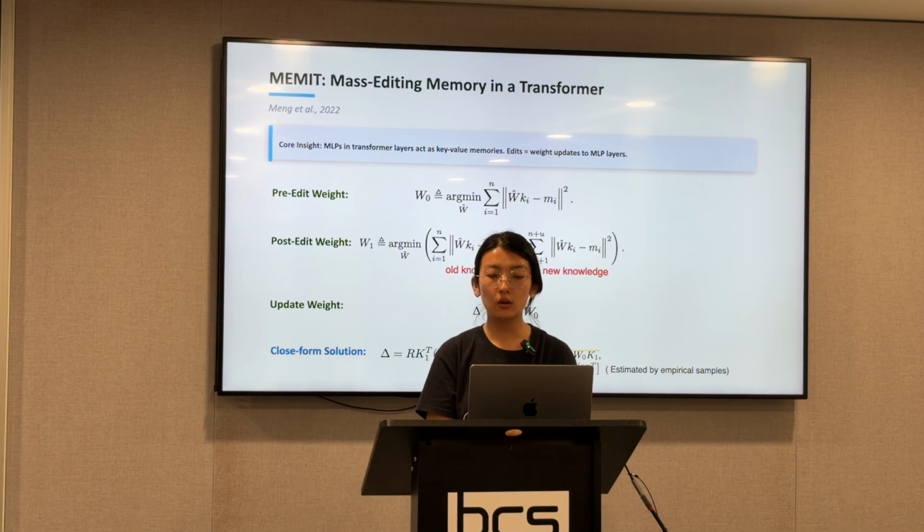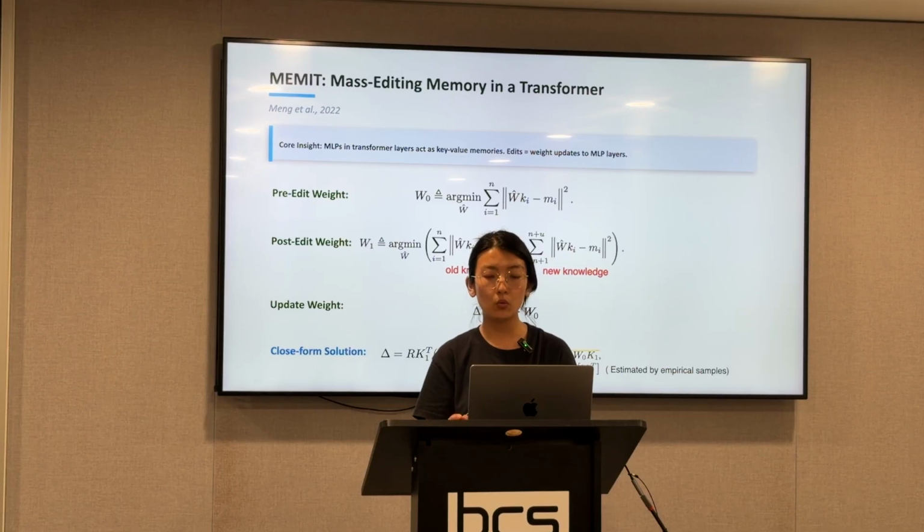MEMIT is built on a key insight about transformer architecture. MLP layers in transformers function like key-value memories. When a subject token passes through an MLP, it acts as a key that retrieves an associated value, the factual knowledge stored in those weights.